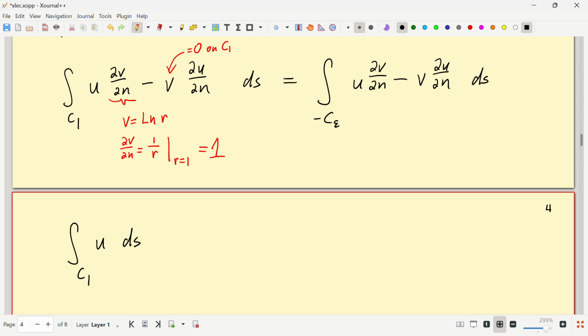So what does this side do? Remember dv/dn is 1 over r, and on this curve, that's going to be 1 over epsilon. That's kind of scary to go 1 over epsilon.